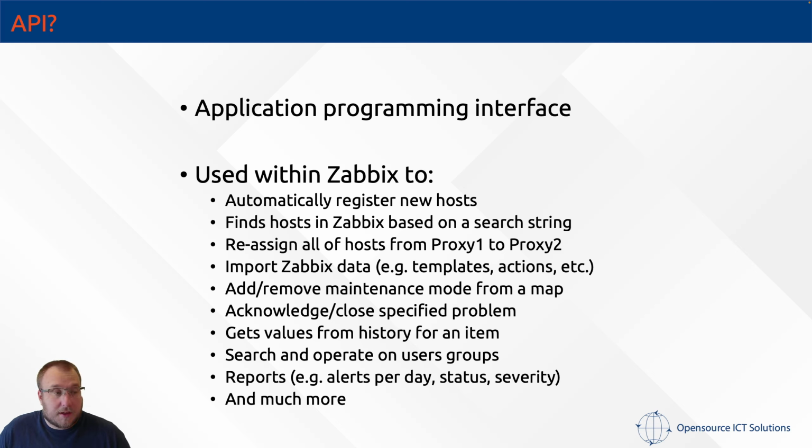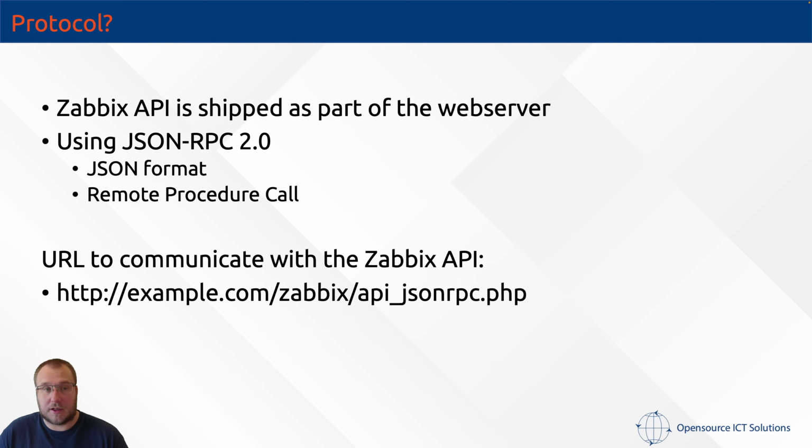So we are using it quite often, and in order to start using it, we must understand how it works, what's going on. So the API, and it sounds a bit strange, is part of the web server. And that means that you must have some sort of Zabbix front end installed in order to get the API working. It is fully based on the JSON RPC 2.0 protocol.